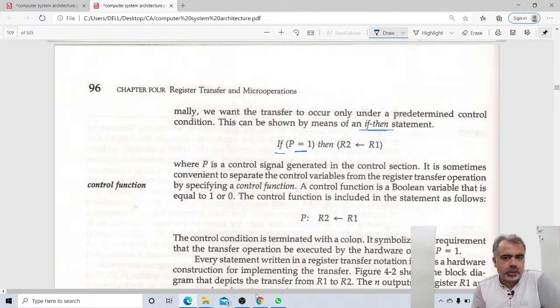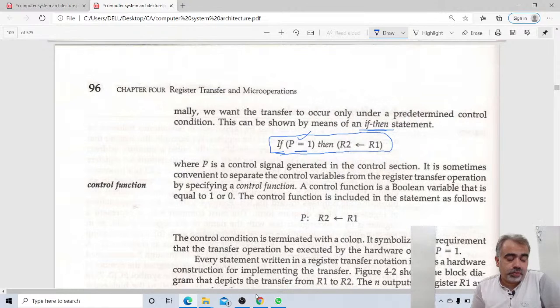If P is equal to 1, then only the data of R1 is transferred to R2, only when this particular control signal is executed. Let us suppose the value of P is 0. Students assume that it is only the condition. When it is okay, then only the data is transferred.